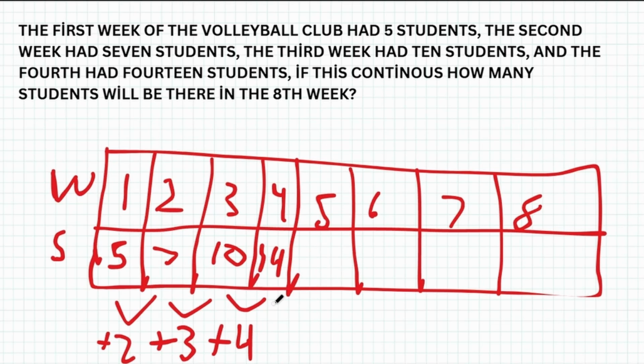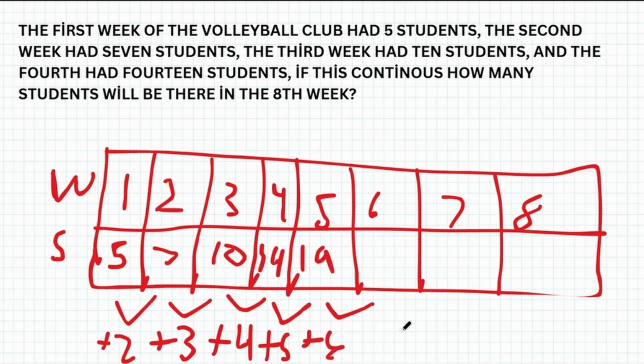Diba? It would be plus 5 na. So, 14 plus 5 is 19. Yun. So, hinahanap na natin. Diba? So, ayun. 6th week tayo. Gaya nung nauna, plus 6.